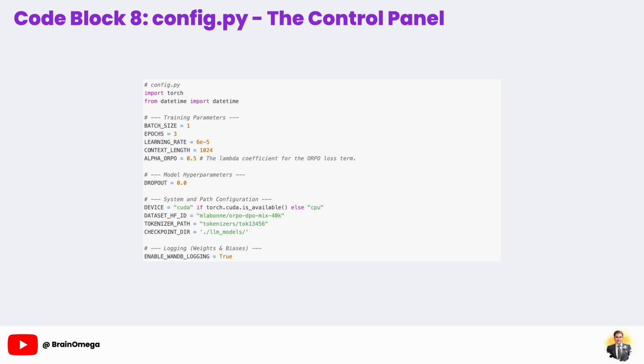The value of this parameter can have a significant impact on the final performance of our fine-tuned model. We also have our system and path configurations, which tell the script where to find the tokenizer, where to save checkpoints, and which dataset to use from the Hugging Face Hub. Having all of these settings in one place makes our code much cleaner and our experiments much easier to manage.